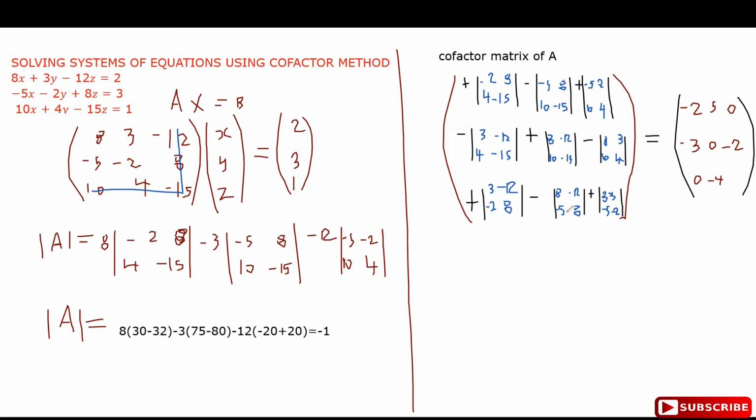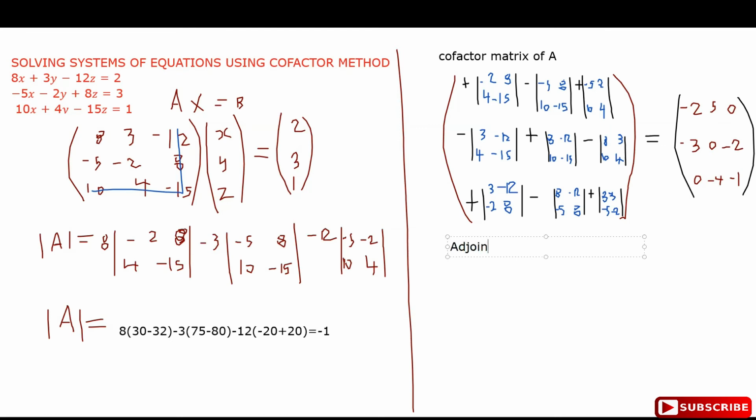All right, and so doing that now, we get 8 times minus 2 is minus 16, so that's minus 16 minus 3 times minus 5. I get negative 1. Now this is the cofactor matrix of A, but we need the adjoint. So let's find the adjoint now.